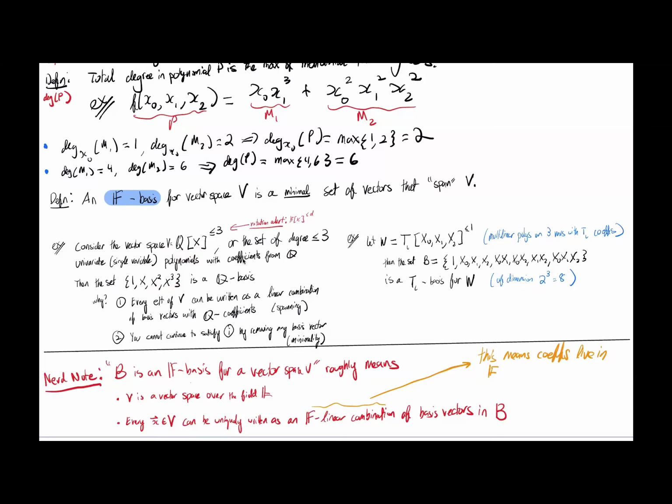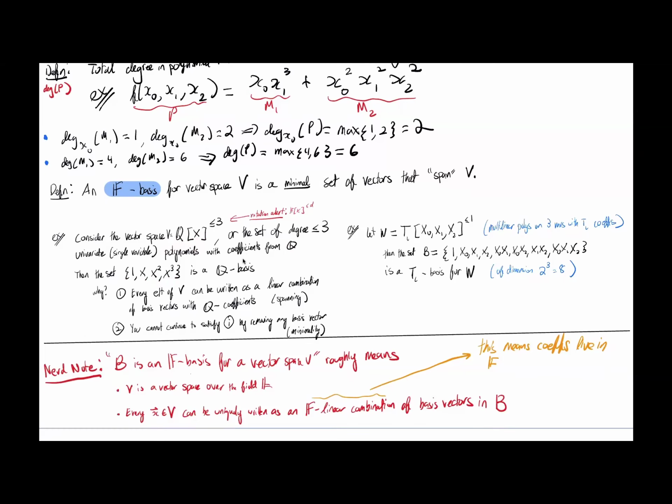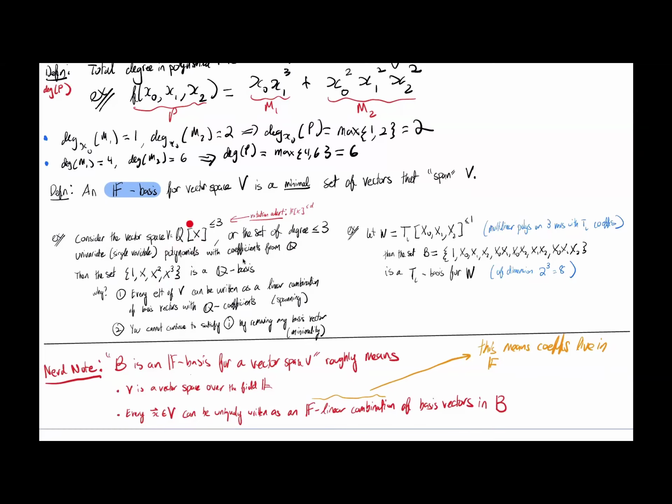So these are vectors from this vector space such that every element of this vector space can be written as a linear combination of basis vectors with rational coefficients. This property is called spanning. Another property that bases must satisfy is that they're minimal. I can't remove any of these elements and still have the spanning property be true.